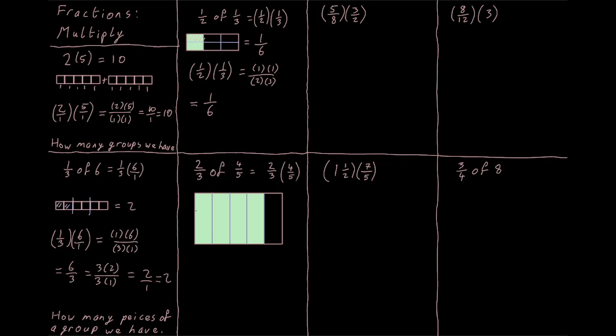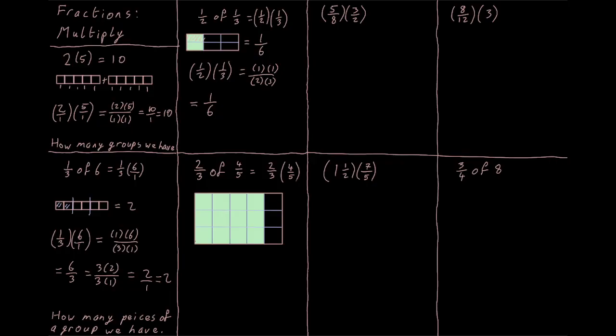So I'm going to break up the unit into thirds this way and see how many 2/3 of this green group is going to be. So I have broken my unit into thirds going this way. And now I can see I have 1, 2, 3, 4, 5, and so on. I have 15 little pieces that make up the unit, and I want to get 2/3 of the green part.